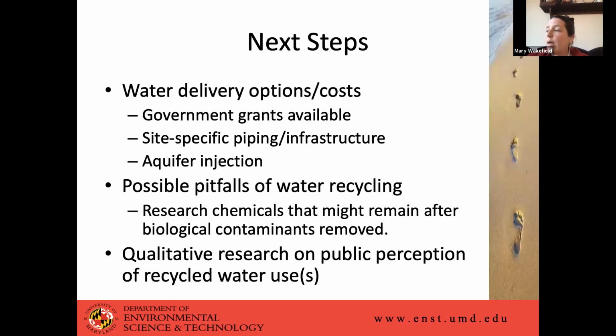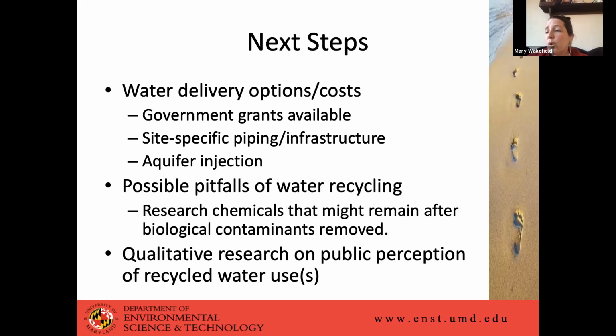The next steps, either for me or for future students looking to do similar studies, we need water delivery options and costs. We have the one research project from Arundel, but there isn't a lot detailing for private facilities or for facilities who are looking to fund this, where they can get their finances.